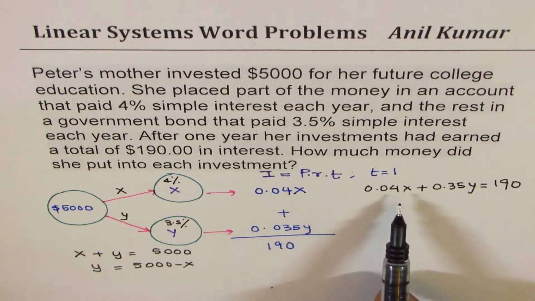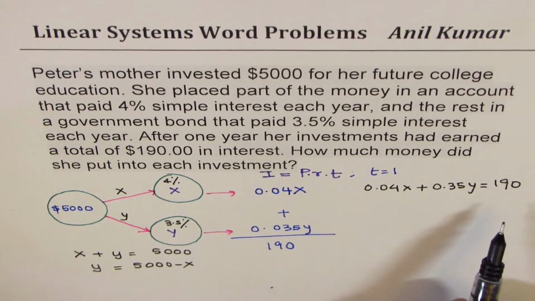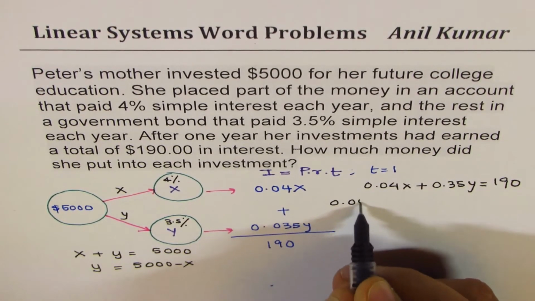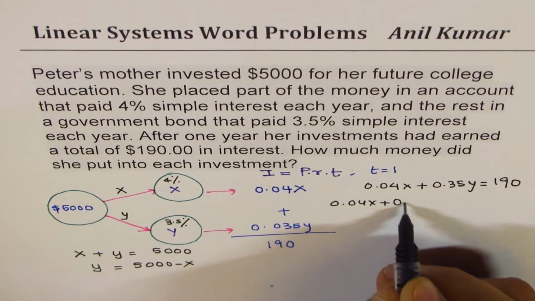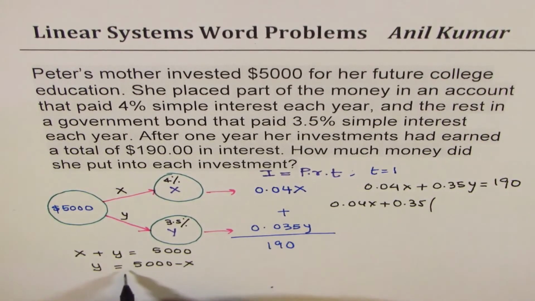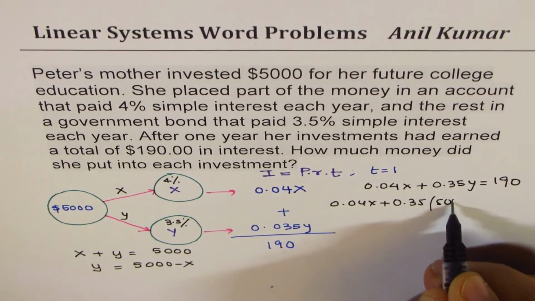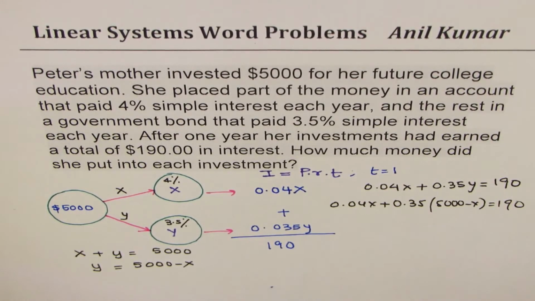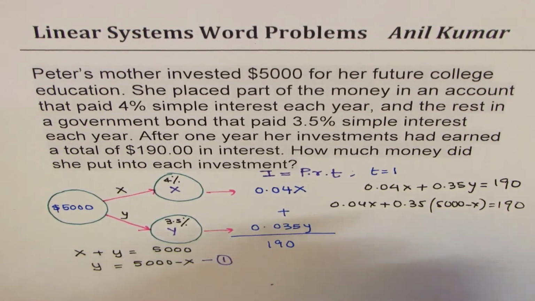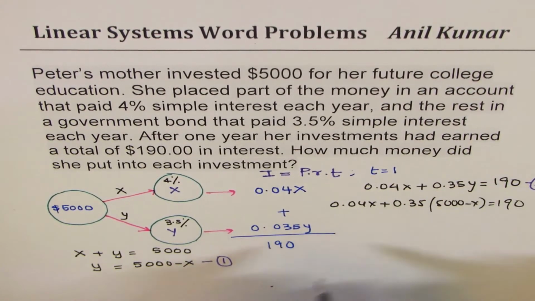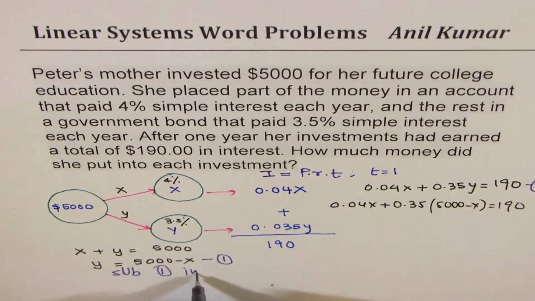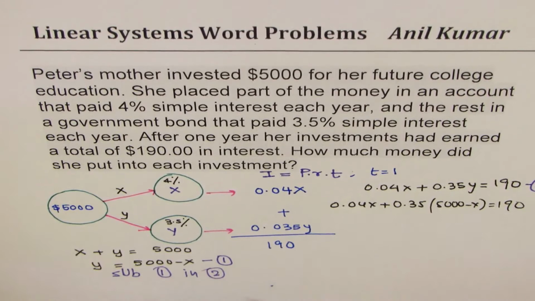So you could write one in terms of the other and do the calculations. So let's write 0.04x plus 0.35, we'll need a calculator, times 5,000 minus x equals 190. So what we did here is we treat this as equation 1, let us say, this as equation 2. We substituted 1 in 2 to get that.